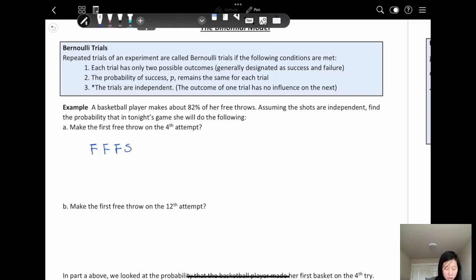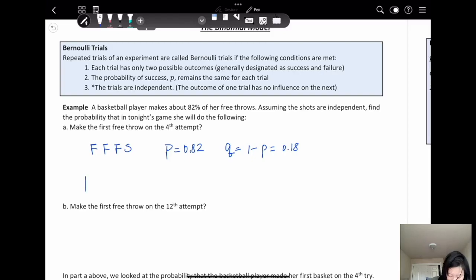So the probability of success is 82%, right? But what about the probability of failure? Well, you use the notation Q. Since the success is 0.82, the failure should be 1 minus 0.82, so we have 0.18.